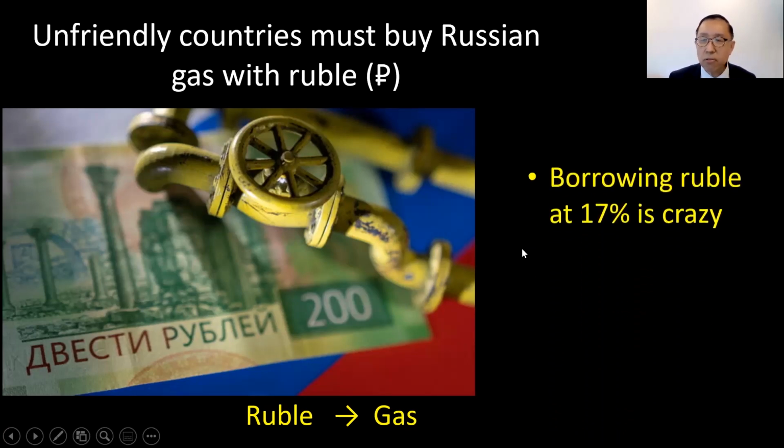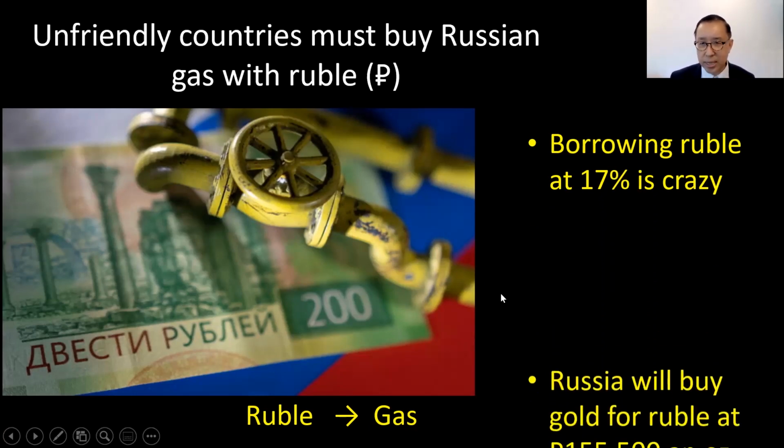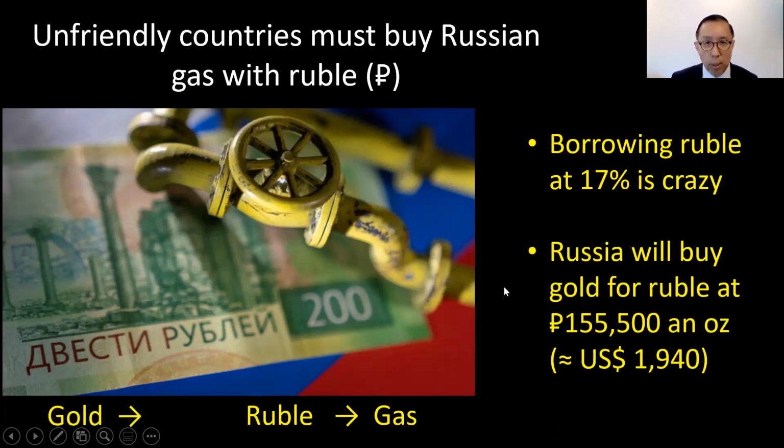So what do you have to do? You have to borrow ruble from the Russian bank. At 17%, it's not worth it. Russia came out with another rule, which says that if you want ruble, we will sell it to you for 1 ounce of gold. Okay, 155,500 rubles for 1 ounce of gold. So if you are a European, you need gas. First of all, you need rubles.